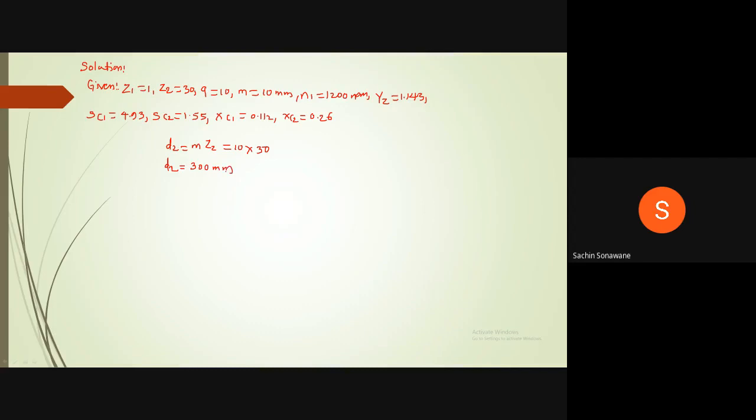Now we know the formula of MT3 and MT4, that is torque transmitted considering wear consideration. Therefore write down MT3 is equal to 18.64 into XC1 into SC1 into YZ into M into D2 raised to 1.8.